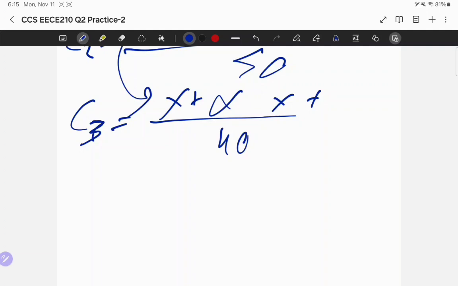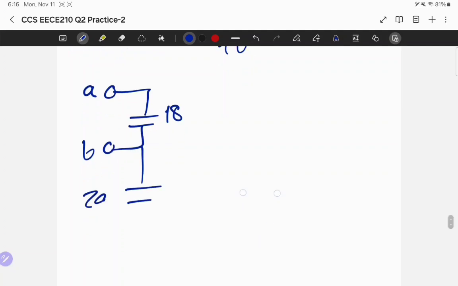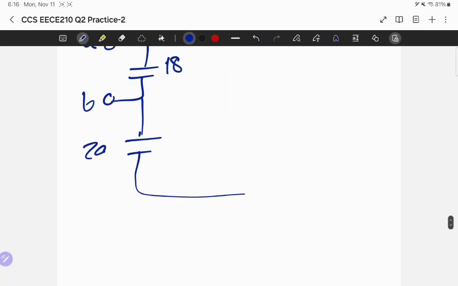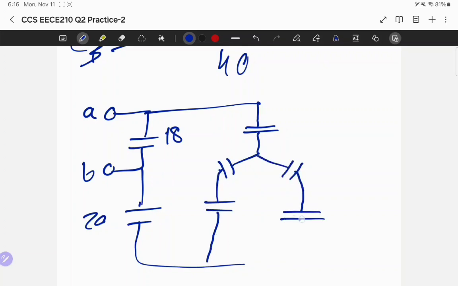So after plugging in these numbers, we're going to find the following. Our circuit will become A, B. Remember, these two were in parallel, so I combined them into 18, and then I have in here 20. It's still the same. Now I transformed the delta into a Y, so I have a capacitor like this and a capacitor like this.